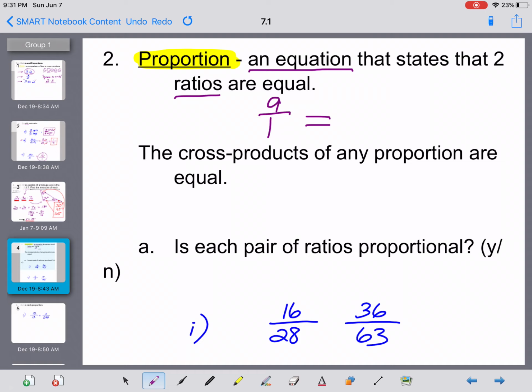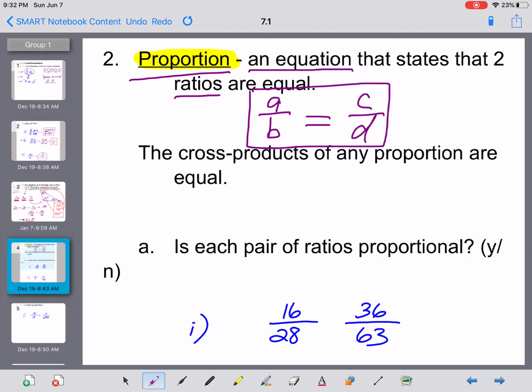So A over B is just a generic way of writing one ratio, which would be equal to C over D, a second ratio. So what we have in this box that I'm creating is a ratio or fraction equal to another ratio or fraction, and that's what we call a proportion. Two fractions equal to each other.